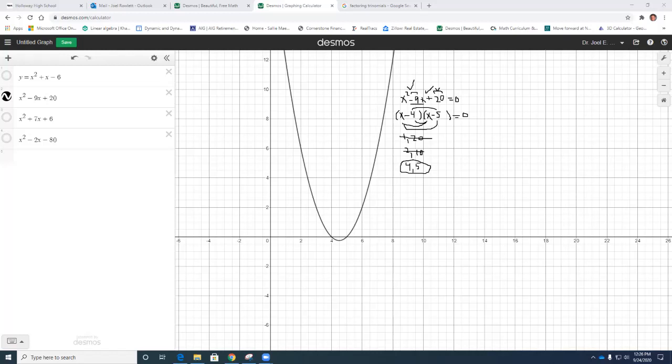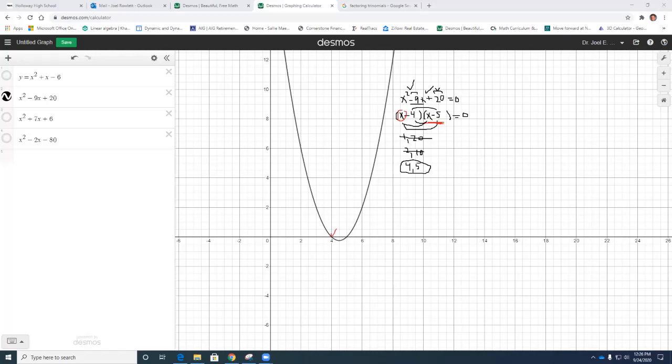And now that I have factored it, I should be able to find the zeros. What value of x would make x minus 4 zero? Well, that would be positive 4, which is our zero right here. If you look at that factor, if x minus 5 is 0, what value of x would make that factor 0?